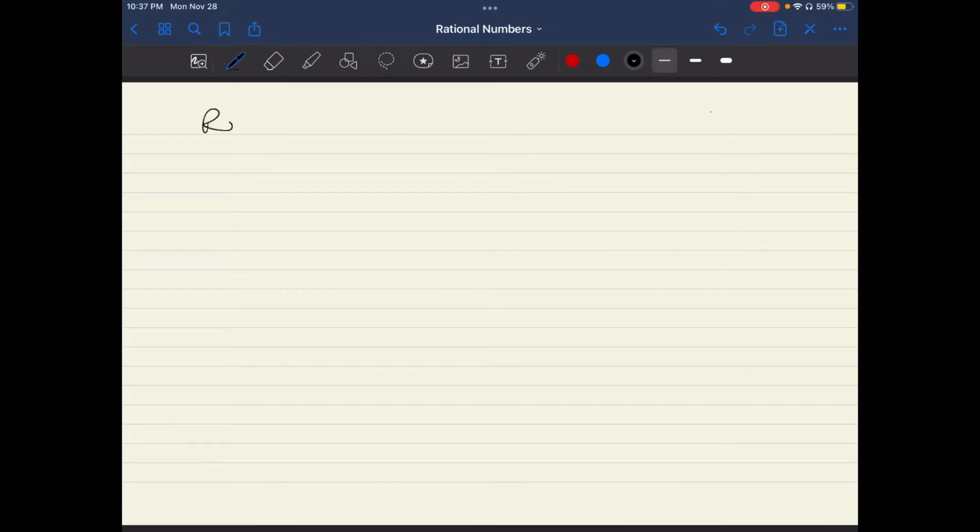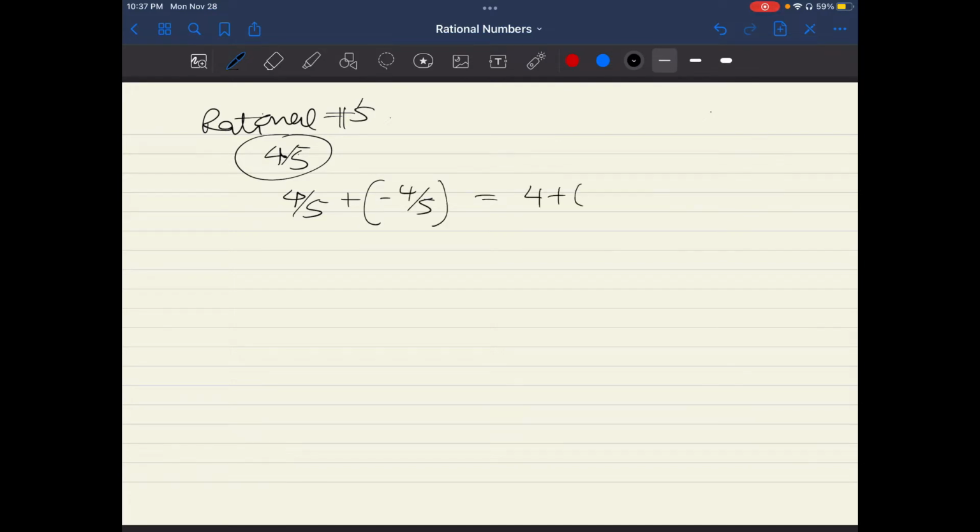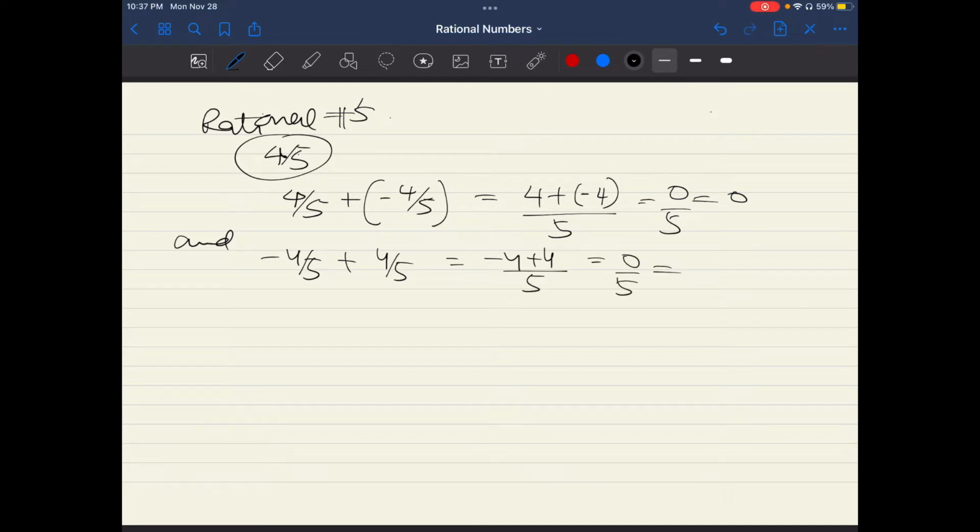Now let's look at rational numbers. Let's say we have rational number 4 over 5. In this case, 4 over 5 plus minus 4 over 5 equals 4 plus minus 4 over 5, which is 0 over 5, which is 0. And minus 4 over 5 plus 4 over 5 equals minus 4 plus 4 over 5, which is 0 over 5, which is 0.